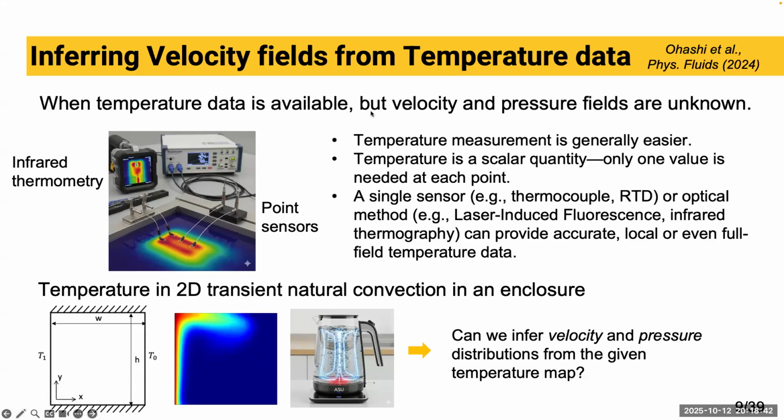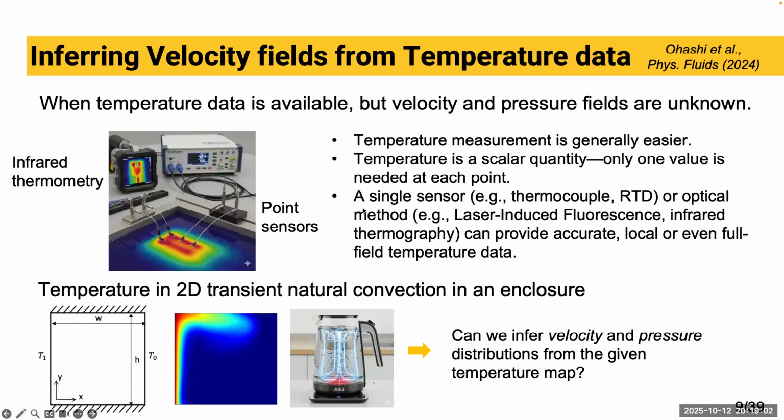So in many thermofluidic laboratories, measuring temperature can be considered easy because the temperature is a scalar quantity, meaning that you only need to measure a certain value at a certain point.